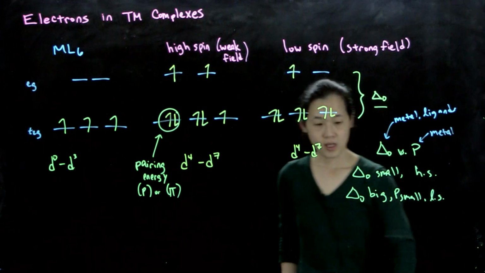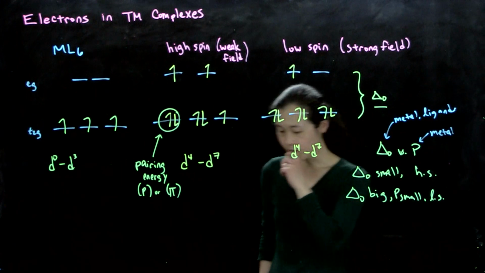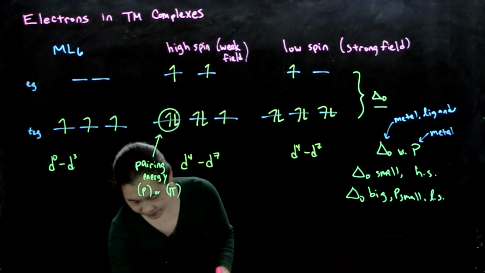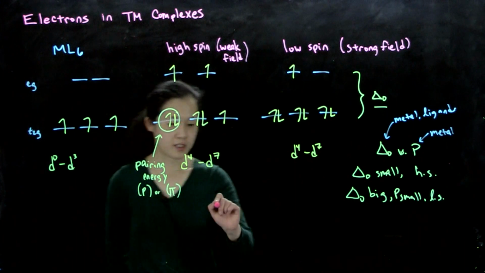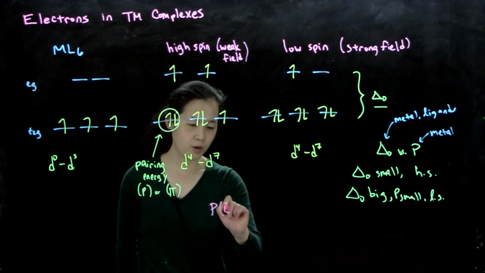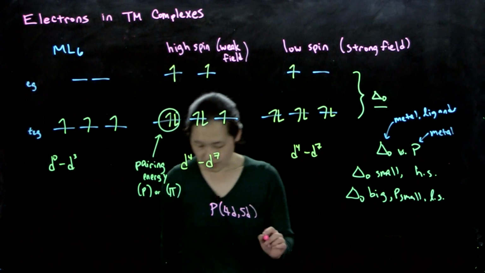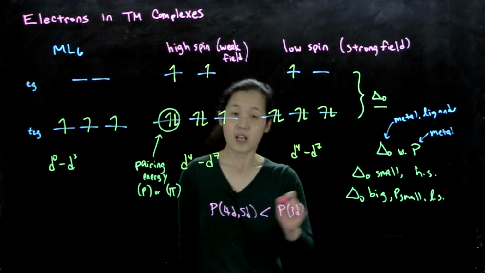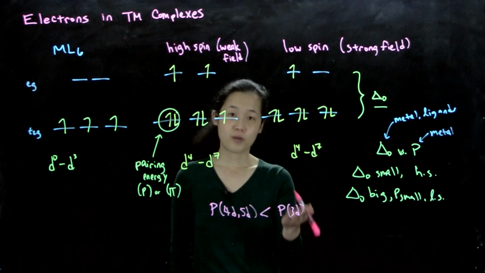If we want to predict whether something will go high spin or low spin, there are some rules of thumb. The pairing energy for 4d or 5d elements is much, much less than the pairing energy for 3d, because 4d and 5d orbitals are much larger than 3d orbitals.